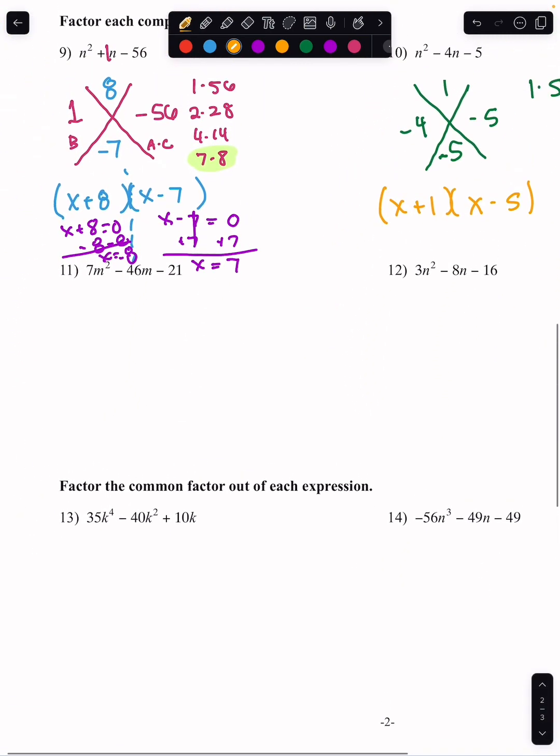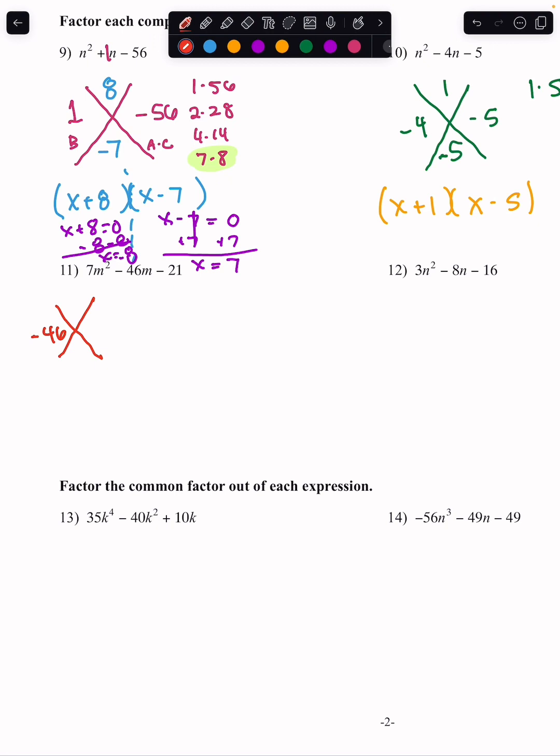All right. Now, this is where it gets a little bit more challenging because the numbers are a lot bigger. So I'm going to write this a little bit smaller down here because we're going to need the space. All right, so negative 46 goes here. And then I got negative 21 times 7.